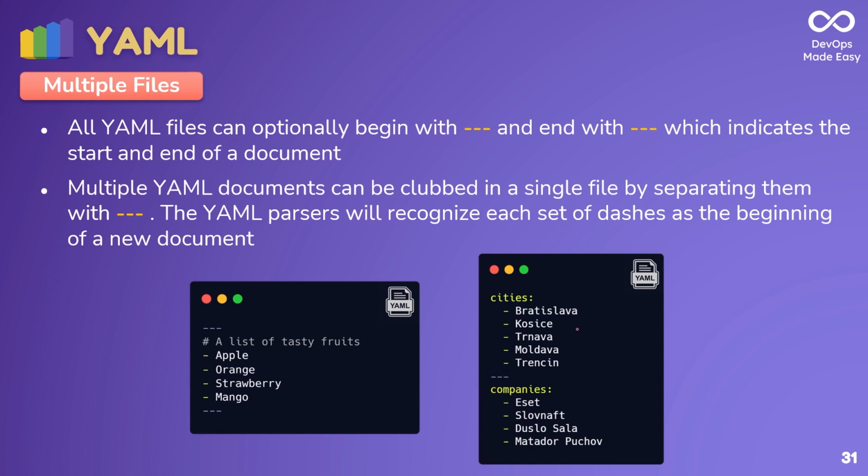So it is possible to club a pod YAML, a service YAML, and a config map YAML all defined in a single file, or else I can have them in different YAML files. So there are two possibilities.